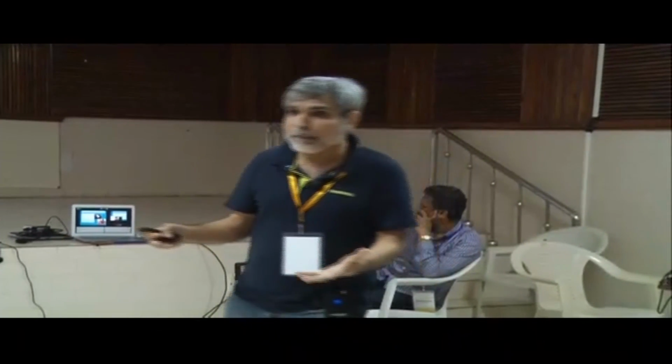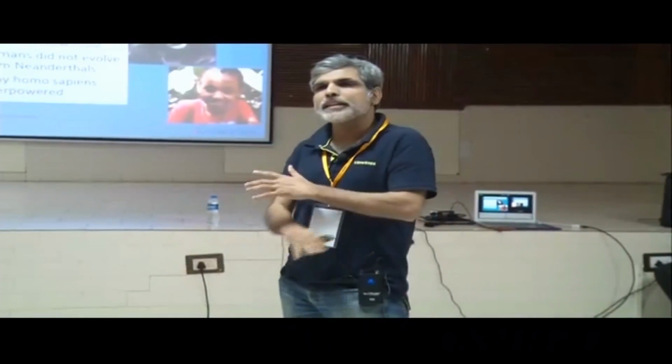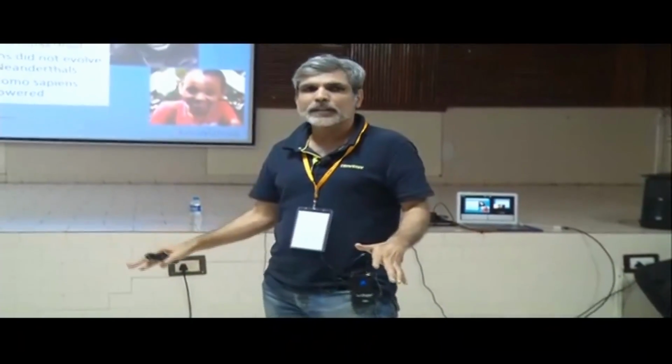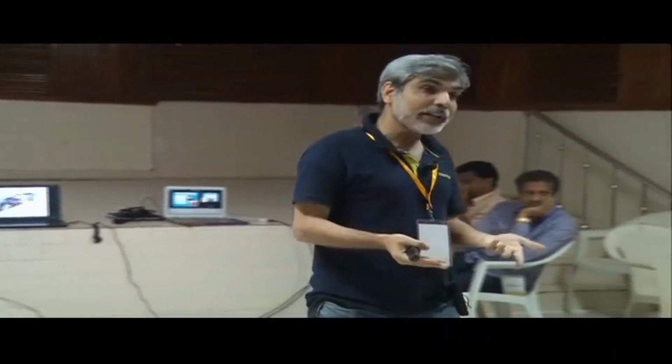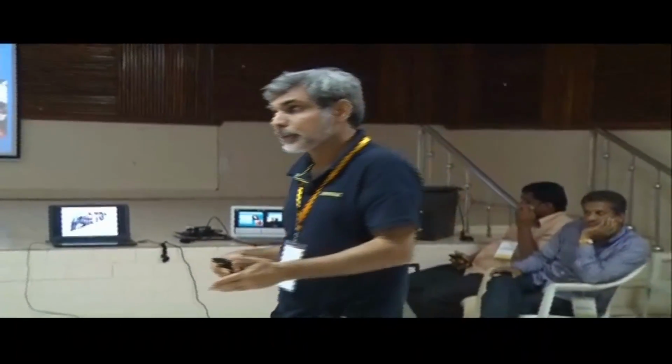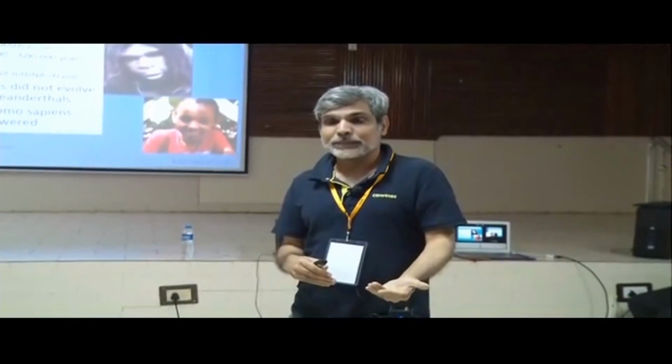If they were put in front of Homo sapiens, they could have very easily defeated them. But interestingly, we did not evolve from Neanderthals, we evolved from Homo sapiens, and Neanderthals became extinct. Right?